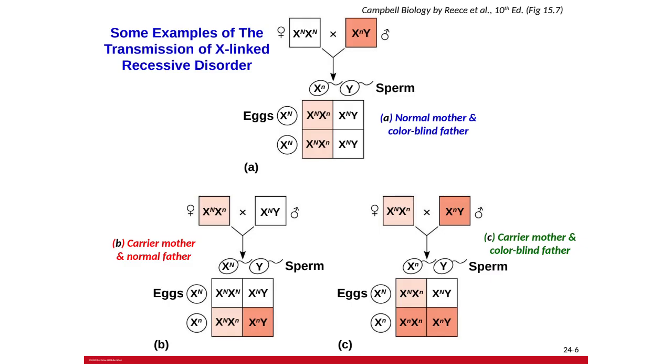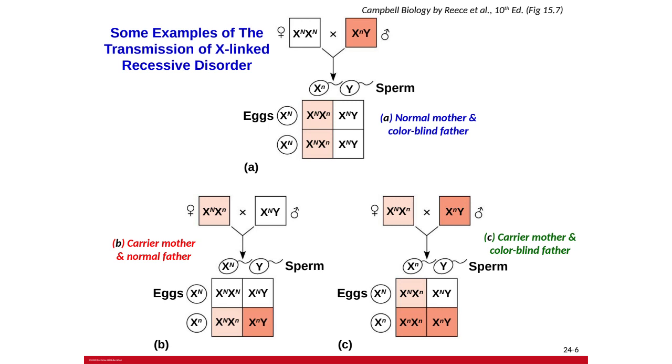Let's look at some examples of how this X-linked recessive disorder could be passed on. And again, we're talking about color blindness, but it could really be any X-linked recessive disorder. What we're talking about now would hold true for any other X-linked recessive disorder. So let's take a male who shows color blindness.